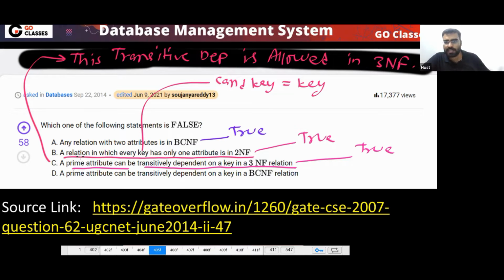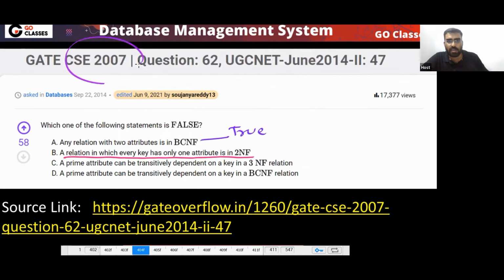This is a 2007 question, and for the last 15 years people are solving these questions. Many students have misconceptions, and using those misconceptions you cannot solve this question, right?